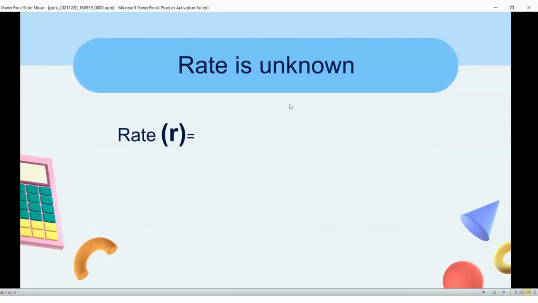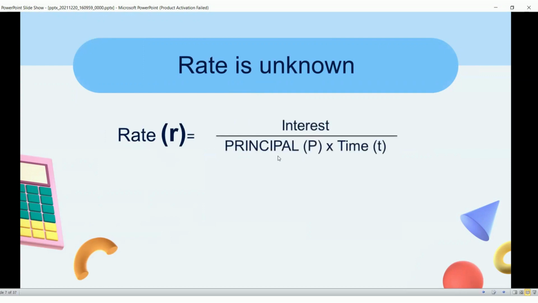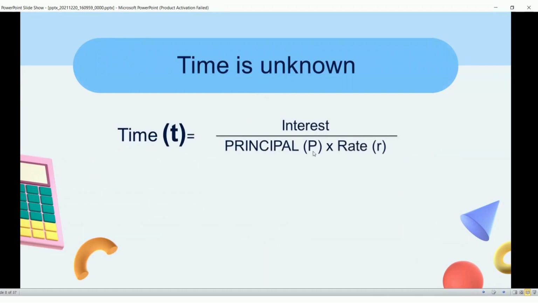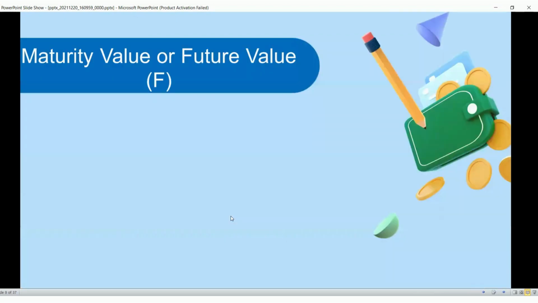Rate is unknown. Rate R is equal to interest over principal P times time T, or R is equal to I over PT. Time is unknown. Time T is equal to interest over principal P times rate R, or T is equal to I over PR. So, yun yung mga formula nila.